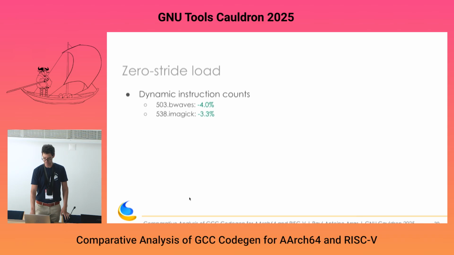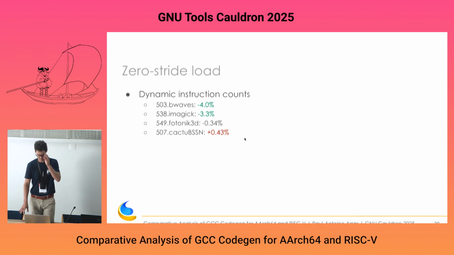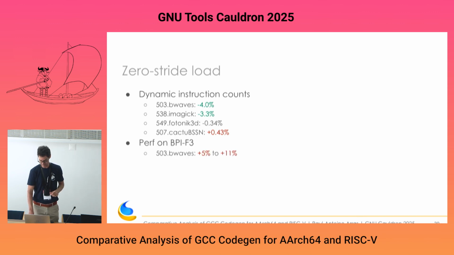So I looked at the dynamic instruction count, and I was very happy to see that on Deepsjeng I got -4%, -3% on Imagick. Well, Cactus was a bit weird, +0.43% that I haven't investigated, but at least that looked promising. And then I ran that on the BPI board, and that's what I get, terrible performance, terrible. From +5 to +11, so I thought that I made a mistake, so I reran everything, I checked, no. That's actually what we get.